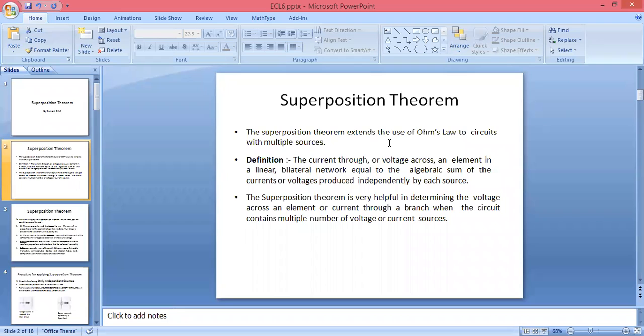According to the superposition theorem, we can derive the value of unknown voltage or unknown current. But this theorem can be used only for linear and bilateral networks. सुपरपोजिशन थ्योरम हम लीनियर और बायलैटरल नेटवर्क को ही अप्लाई कर सकते हैं. We cannot apply the superposition theorem to non-linear circuits.